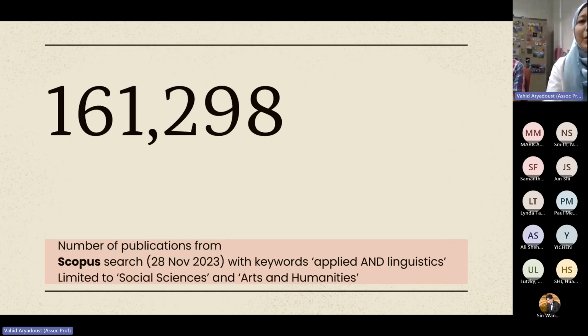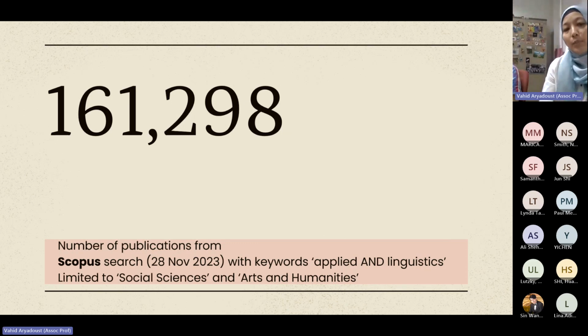Thanks, Vahid. Okay, so I would like to start off with a really nice big number here that we can see: 160,000 over publications. This is the number of publications that, according to Scopus Search, if you put in the keywords applied and linguistics, and that gave an even bigger number than this.